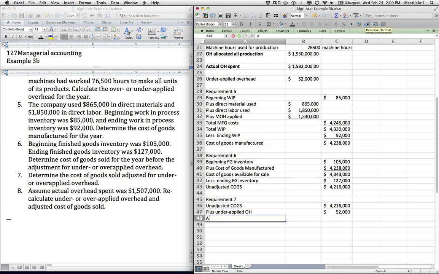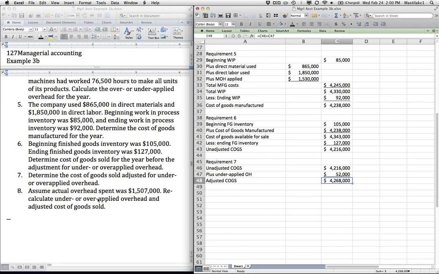And so our adjusted cost of goods sold is going to include more cost. It's going to be the sum of our unadjusted plus our underapplied. And our adjusted cost of goods sold is $4,268,000. So the $52,000 of cost that never made it into WIP and therefore didn't make it into cost of goods sold has now been put into cost of goods sold.